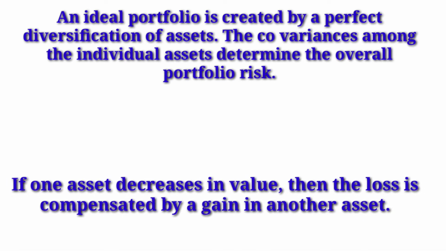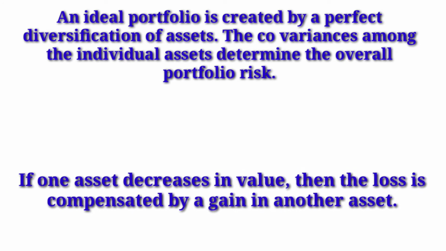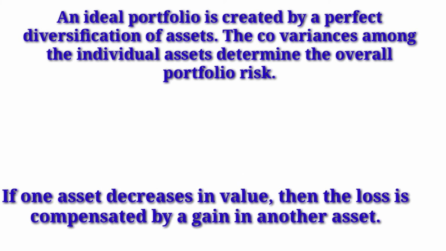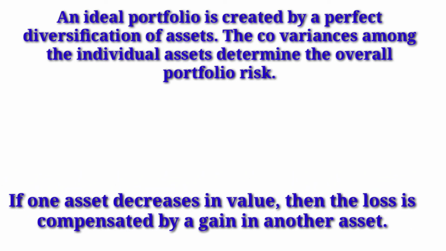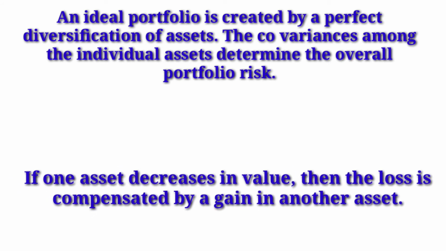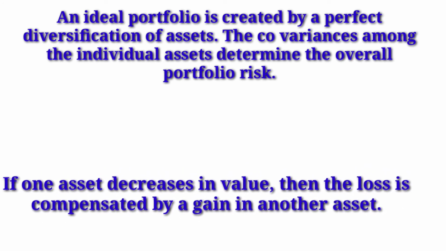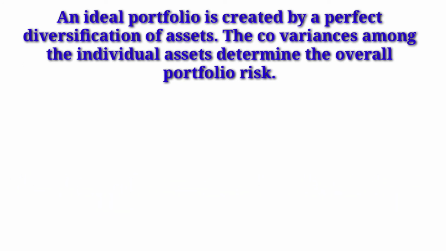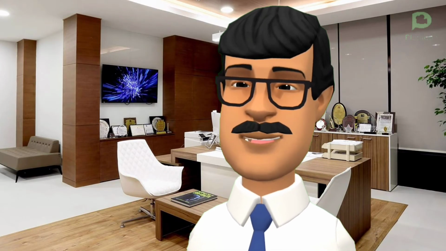If one asset decreases in value, then the loss is compensated by a gain in another asset. A portfolio comprised of various types of securities or assets is considered a better strategic move as compared to a portfolio comprised of only one type of asset. Mean variance analysis is an important part of portfolio management.